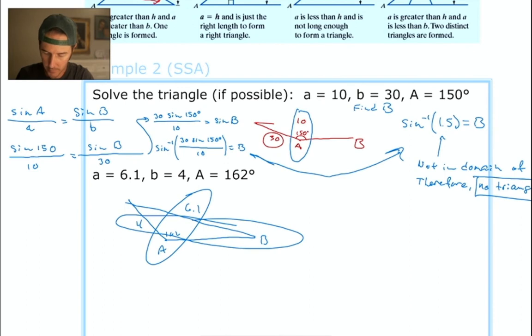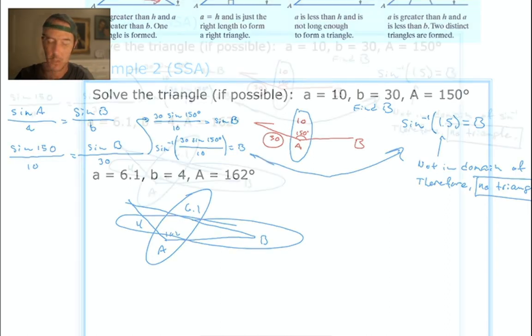And my hope is that this value right here is going to be between -1 and +1. Well, it's not going to be negative, so something less than 1, so that you can actually take the inverse sine of it and find angle measure B. Then you'll know angles A and B, and you can do subtraction to find angle C. And once you've got angle C, you'll have the half of a pair necessary to find side C.